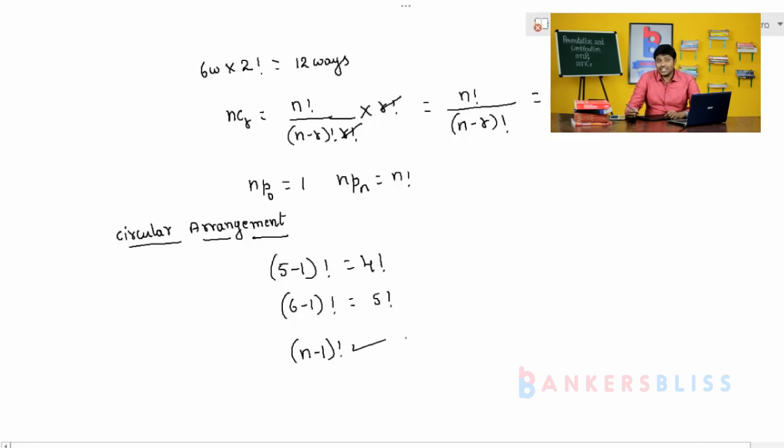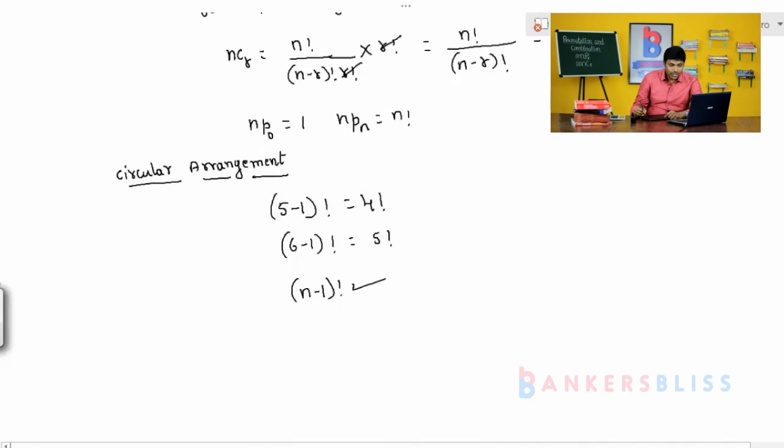But in cases like a necklace, garland or a ring, you have to go with n minus 1 factorial divided by 2. Very simple.